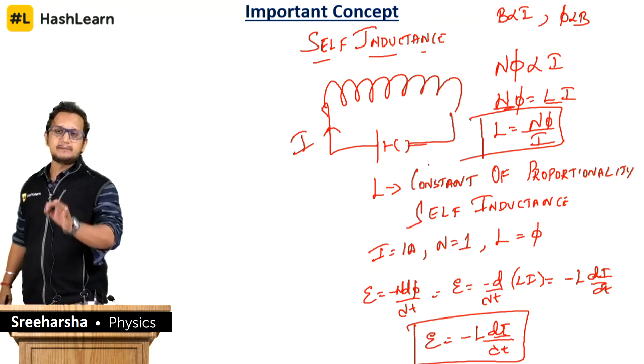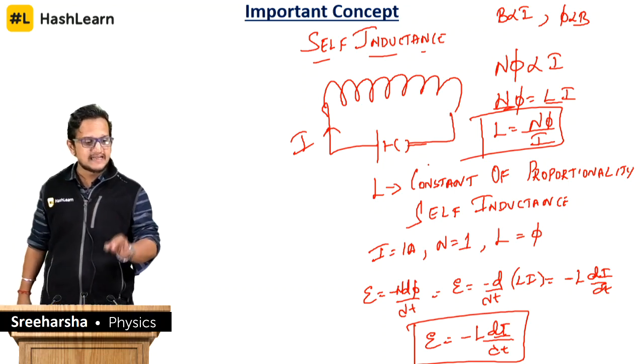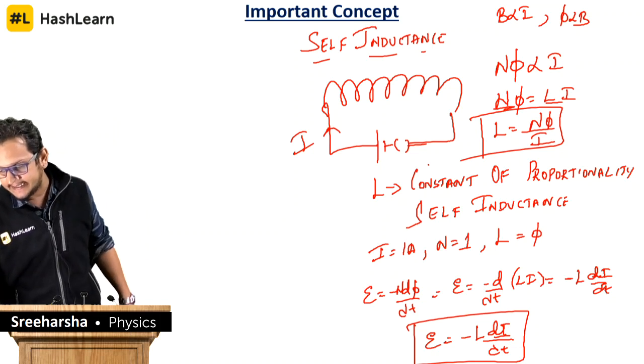So the induced EMF is given by E equals minus L times di by dt.